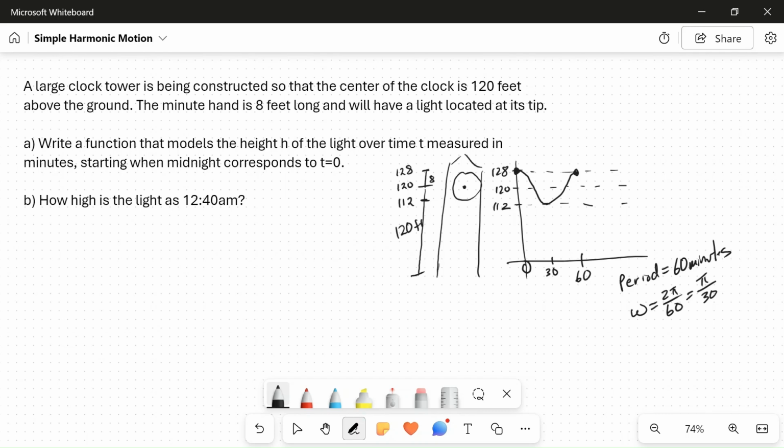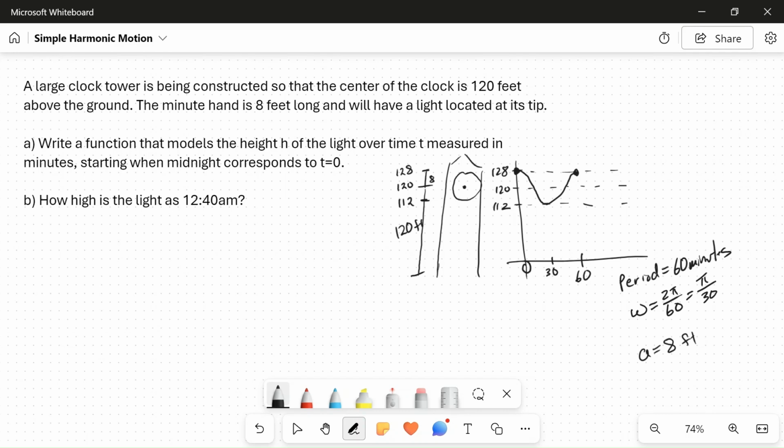All right, so we know the omega value, and we need to find our amplitude, which again is not too hard to get here. The amplitude is the distance from the midline to the top, or from the midline to the bottom. And so in this case, from 120 up to 128, that tells me my amplitude is a distance of 8 feet. Okay? And so we're almost done here.